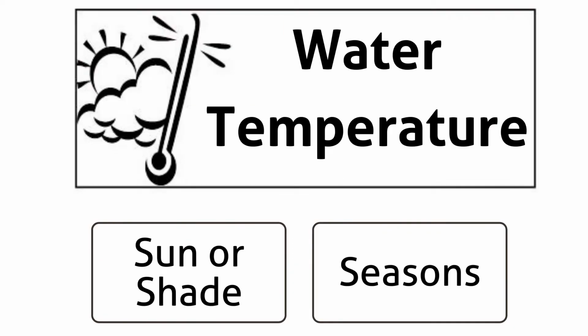The 2 boxes below water temperature should say sun or shade and seasons.